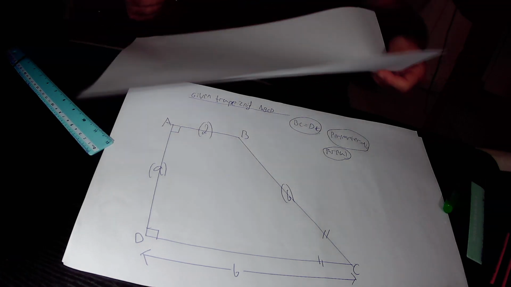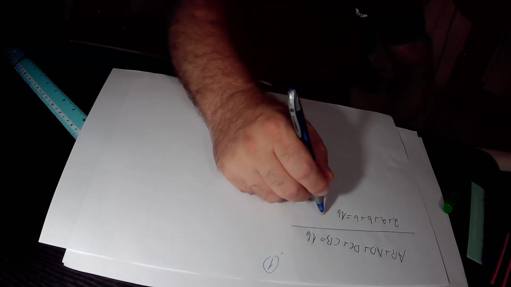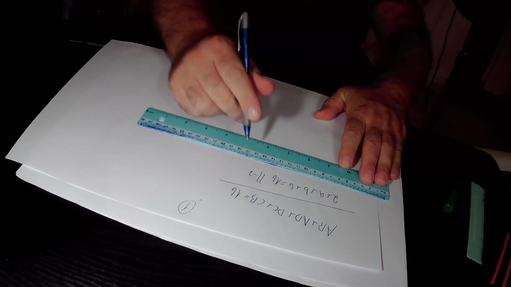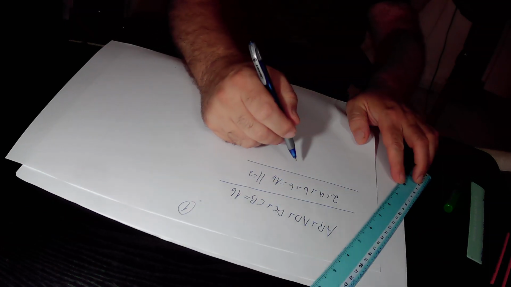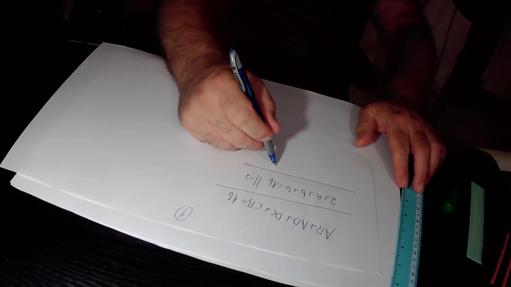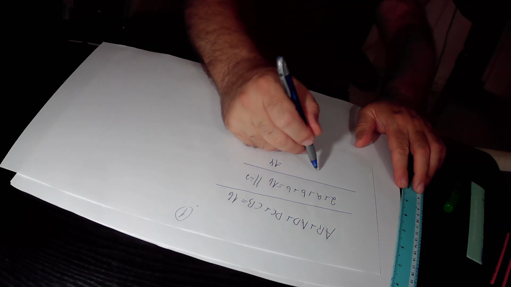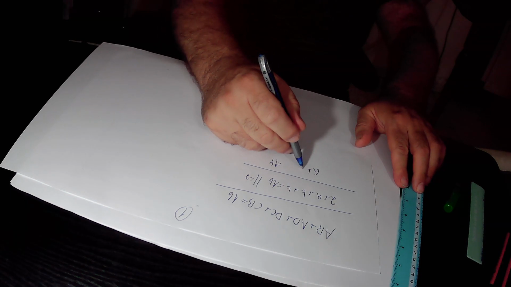And again, we found that 2 plus A plus B plus B equals 16. Here we subtract 2 from this equation, and we get that 16 minus 2 is 14, and 14 equals A plus 2B.